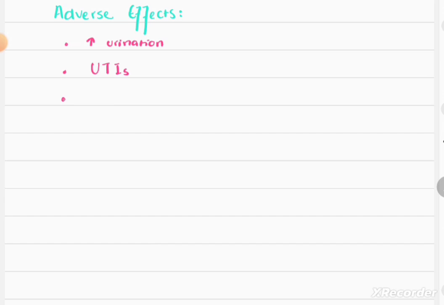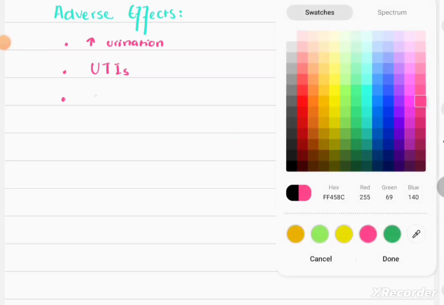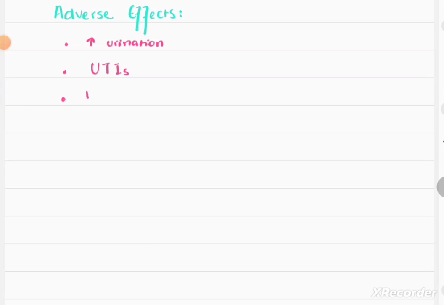There will also be an increased number of mycotic infections, which means that they can cause genital mycotic infections as well. As they excrete the glucose from the body, they also excrete water from the body, which can result in hypovolemic hypotension.